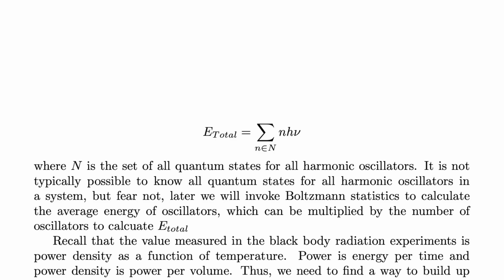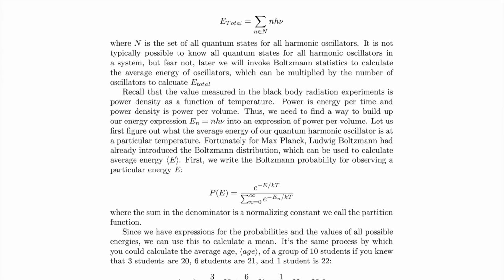You can sum n h nu for each individual oscillator. Each individual oscillator follows that law, n times h nu. So if you know all the n's, if you know all the quantum states, you could just sum all these up and you have a total energy value. Now, if it seems unlikely you can actually know this about a system, good call. Yeah, this is impossible to do most of the time. But again, let's go back to Boltzmann.